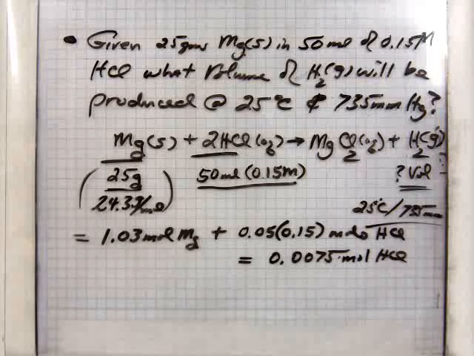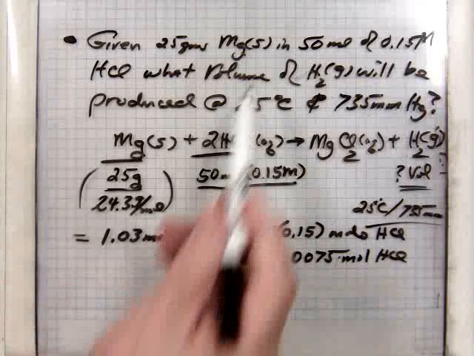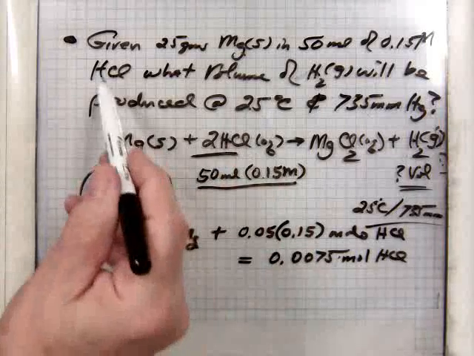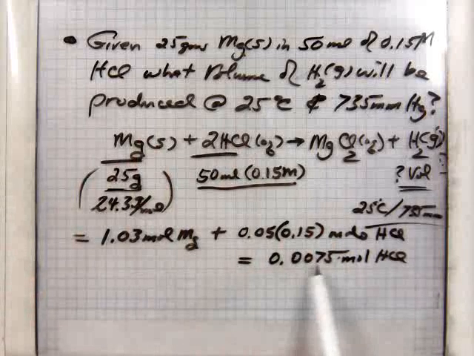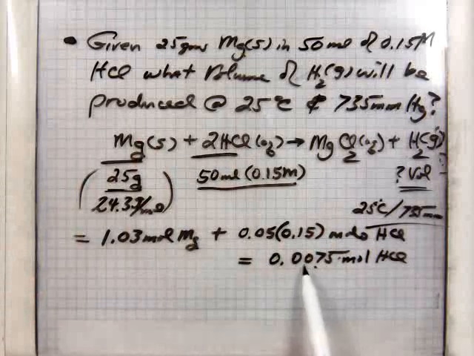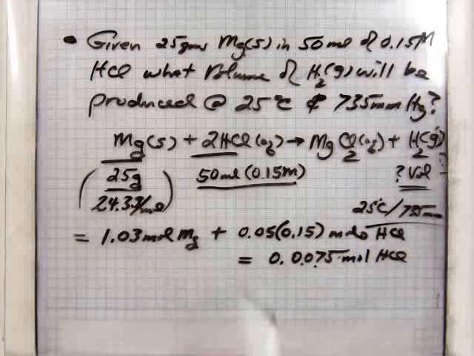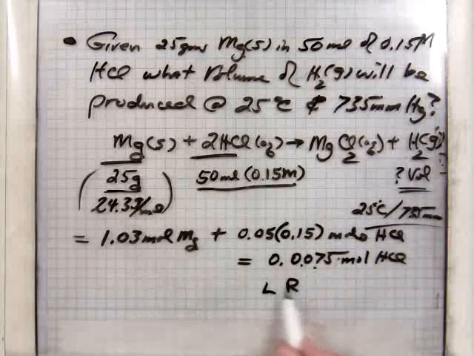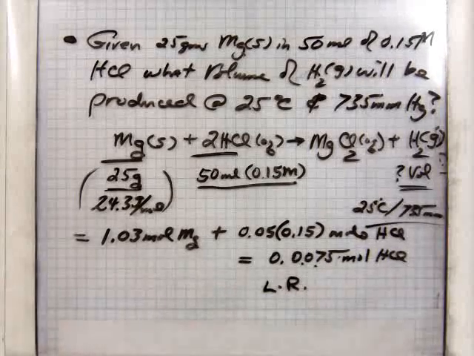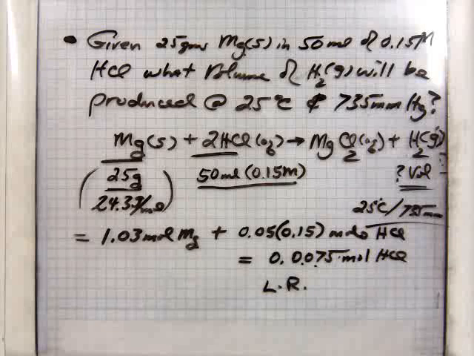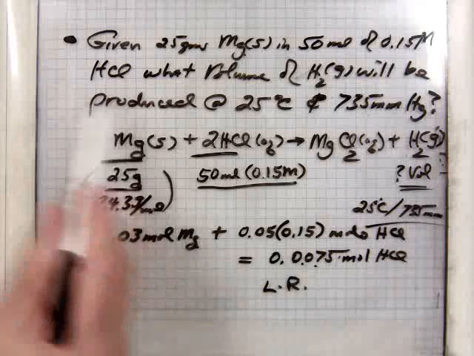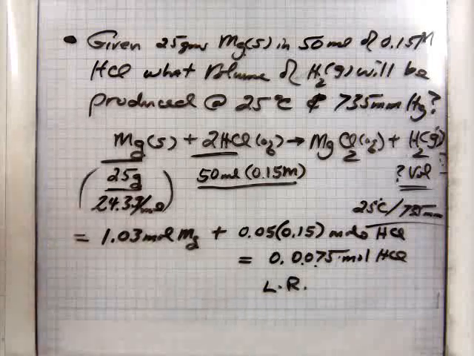If we divide by the coefficient, 1, and if you divide by 2, that's still going to be smaller than this one. So this is the limiting reagent. But what does that mean? It means that's the component of the reaction that when it disappears, the reaction will stop. And anything else in the reactant side will be in excess. So we will have a large amount of magnesium in excess.